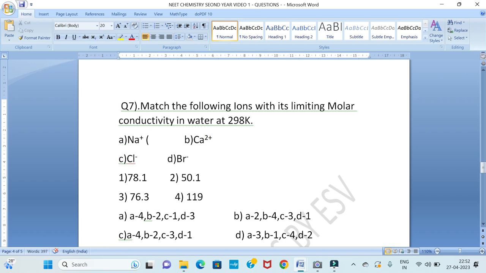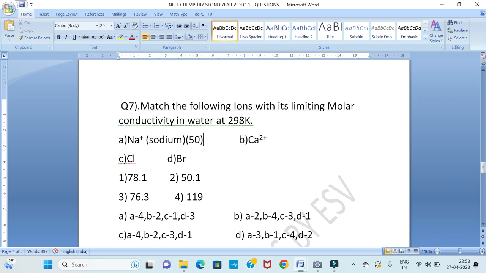This is sodium. Sodium plus ion. They are saying the following ions, so sodium ion. I'm taking S as number 5 here.